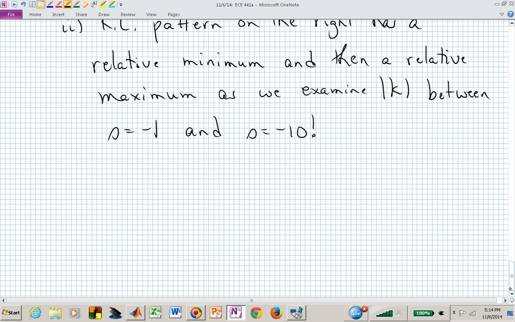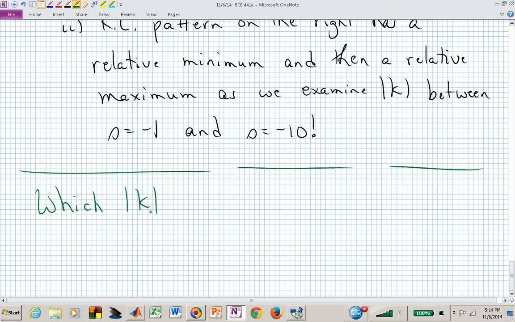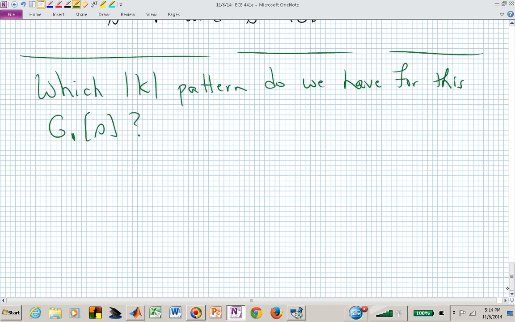So now let's determine which root locus pattern we actually have. I'm now answering the question, which magnitude of the gain k pattern do we have for this first transfer function g sub 1 of s?